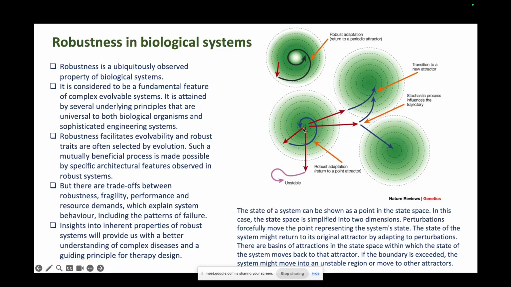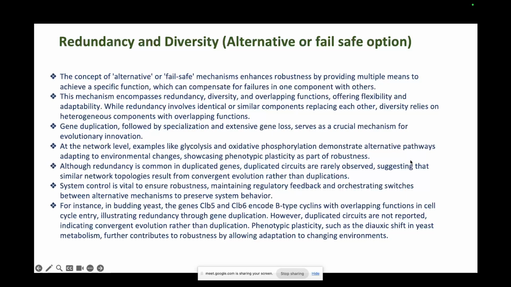Okay, so now the concept of redundancy and diversity. The concept of alternate or fail-safe mechanisms actually enhances this robustness by providing multiple means to achieve a specific function. So it's the same concept that we were discussing a few minutes earlier between multiple edges between two nodes.